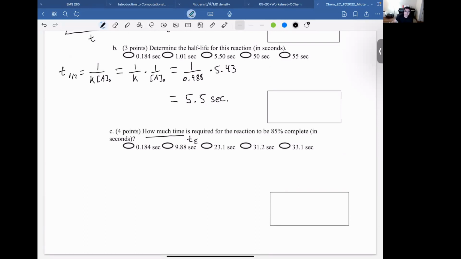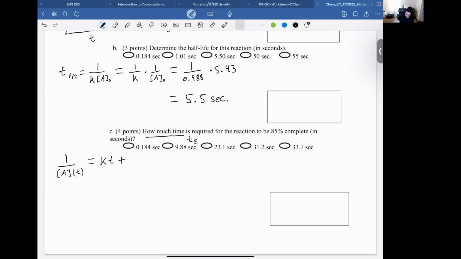Subscripts are just labels. So that way, again, going back to the integrated rate law, I want to make it very clear that the concentration is a function of time. Right? I said this in discussion multiple times. It is a function of time. It helps you solve these.